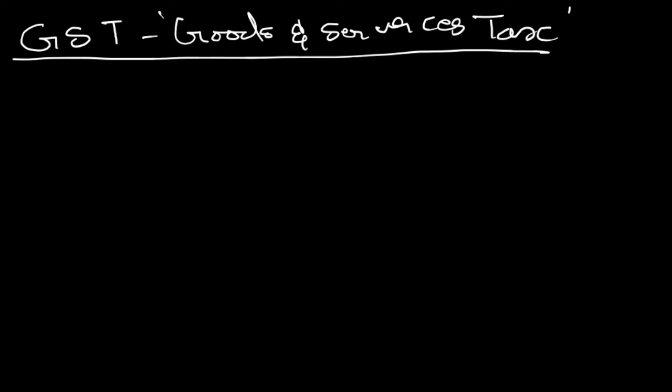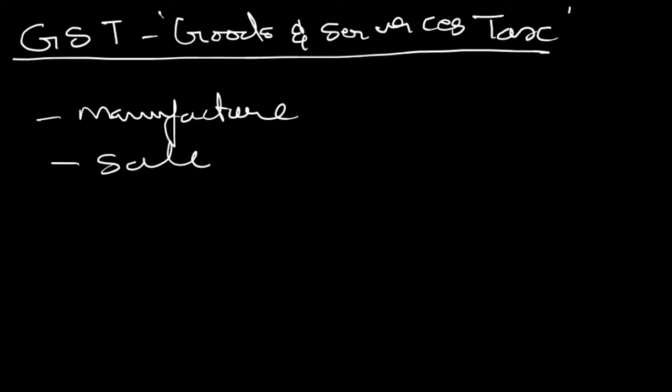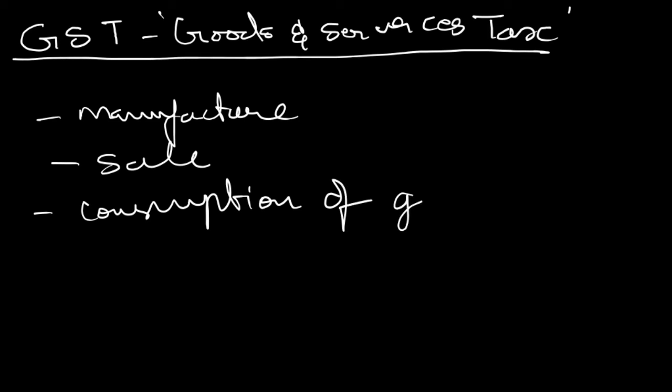Servitude is different. So GST stands for goods and services tax, and is proposed to be a comprehensive indirect tax levy on manufacture, sale, and consumption of goods and services.